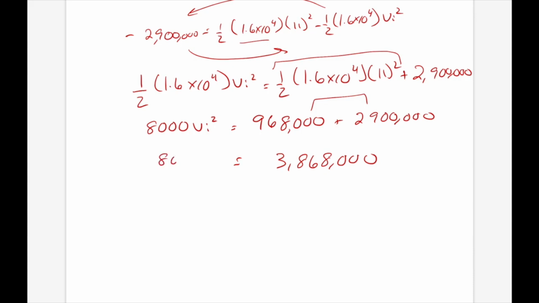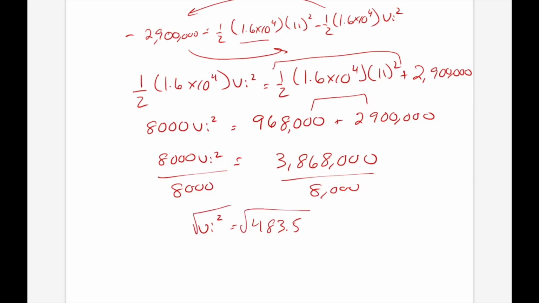And on the left side, we have 8,000 VI squared. Now we're going to divide both sides of the equation by 8,000. And we get VI squared equaling to 483.5. Take the square root of both sides, and you get VI equal to 21.9886. We need 2 sig digs in our answer, so our VI is going to equal to 22 meters per second.